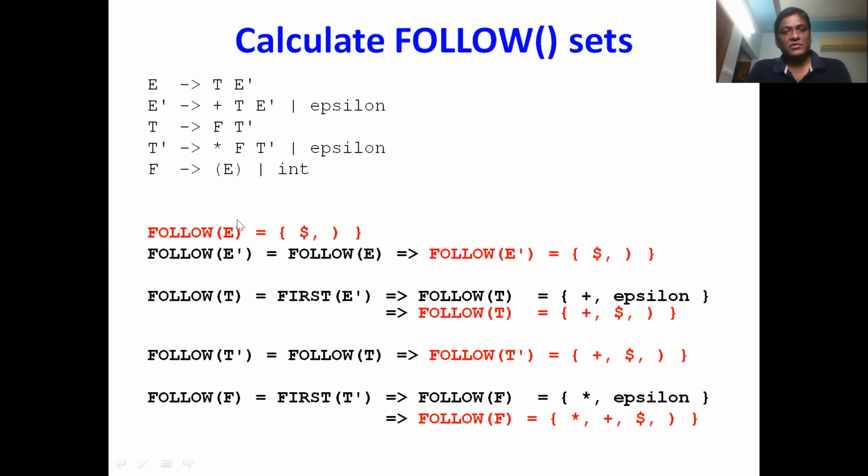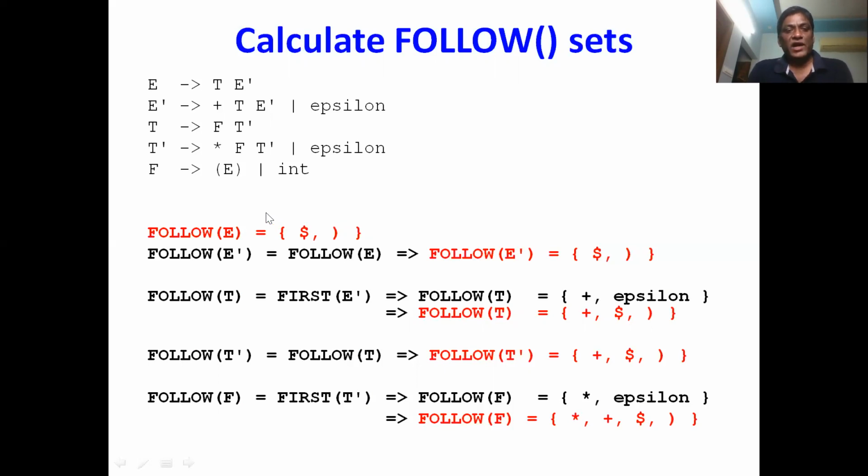For the start variable, the follow set directly contains a special symbol called dollar. Please remember this. The start variable of the grammar, which is capital E, will have a dollar symbol by default in its follow set. So follow of E is equal to dollar. So directly include this dollar.